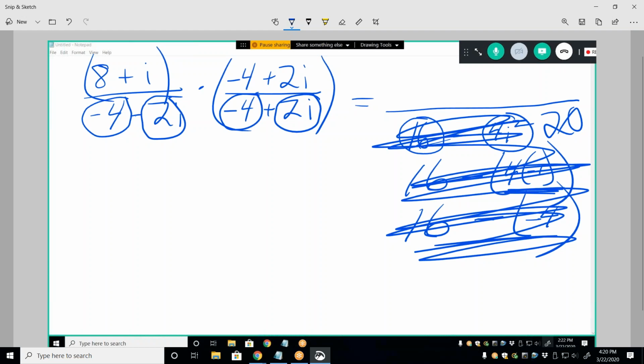It's 8 times minus 4. -32. Okay, give me each term of the FOIL. When I say FOIL, that's what I want, is every term. Give me the F, now give me the O, then give me the I, then give me the last.